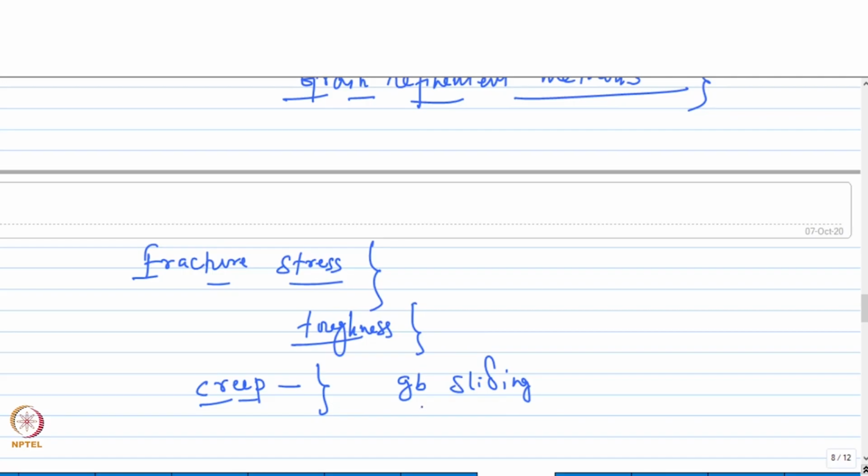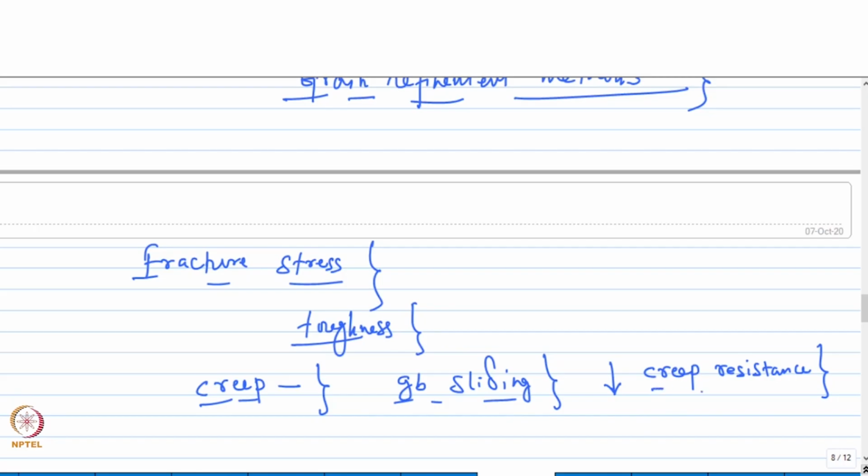So it is not difficult to understand: if the grain boundary area increases, the grain boundary sliding will also increase, and that will lead to more creep, and as a result, the creep resistance will come down as you refine the grain size. So a fine-grained material is never desirable for creep resistance.